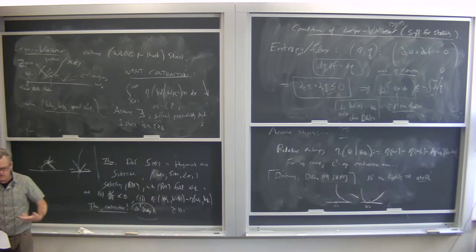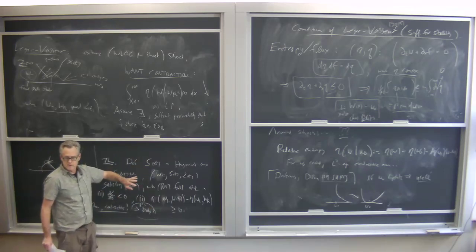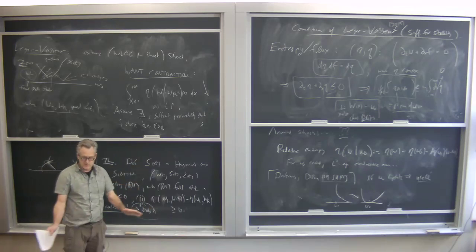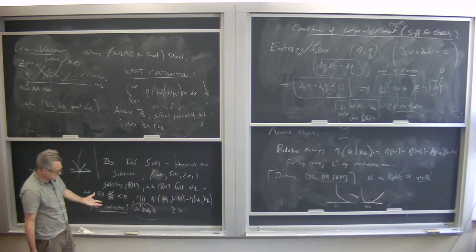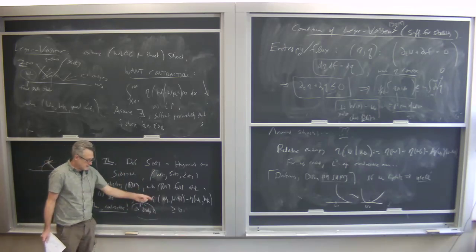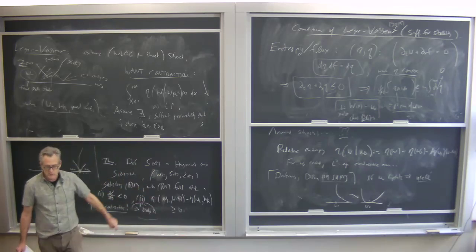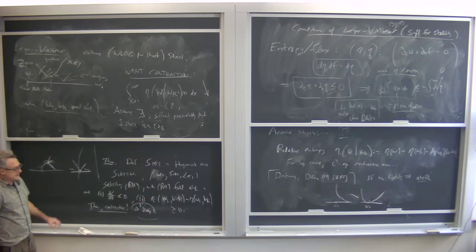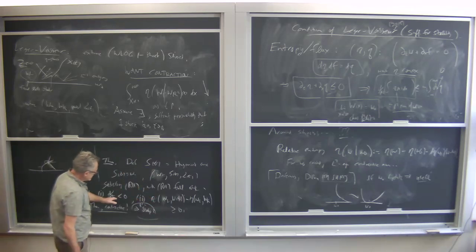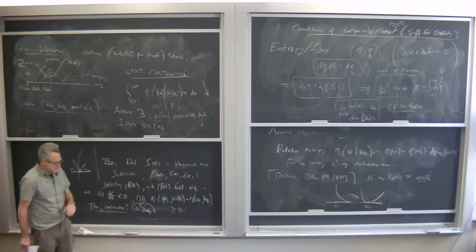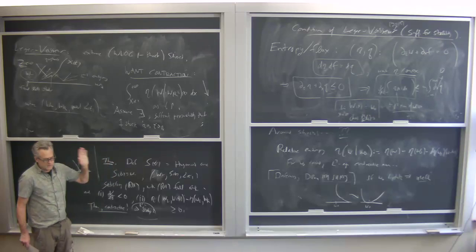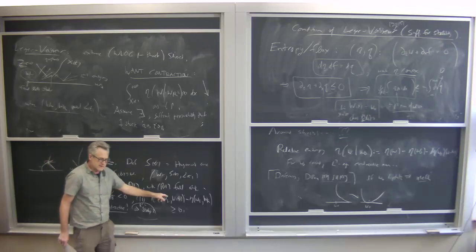So Hadamard stability is partly about building the solution and existence at the same time. Here, this says, suppose you somehow have constructed a solution some other way, maybe compensated compactness or some weak convergence. The solution you get will be stable under L2 perturbations if these two conditions hold. And these are exactly conditions 1 and 2 in all the old papers, except instead of relative entropy, they always just said entropy.